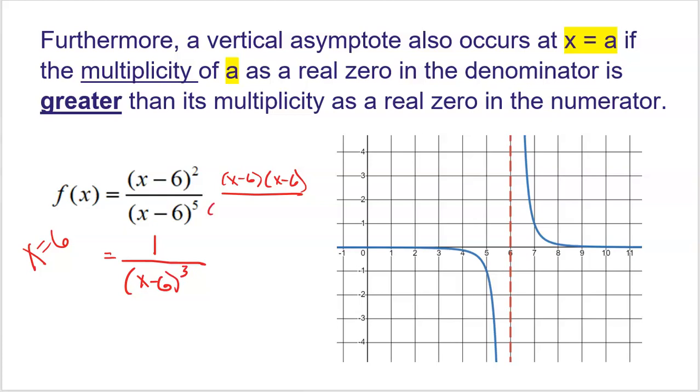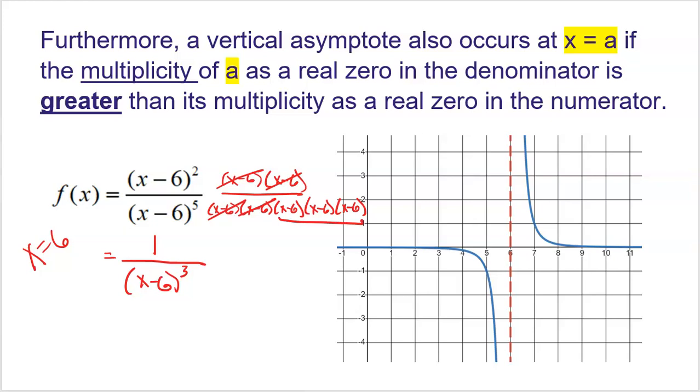Okay, let me actually write them all out here. So we got x minus 6 times x minus 6 times x minus 6. That's 3 of them times a fourth and times 1 more. I'll squeeze it in there. So what's going to happen is these two common factors are going to reduce to a 1. So that's why there's a 1 left in the numerator and an x minus 6 cubed in the denominator.